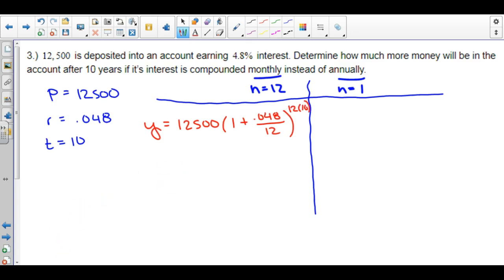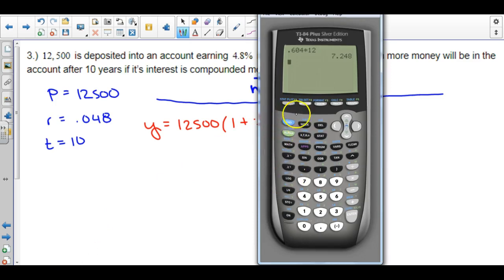And I'll demonstrate how to do this in the calculator. So what I would do is type in 12,500, and then I can open a parenthesis here and do 1 plus, and with a newer operating system, it's nice. This next part, we used to have to put in parentheses, the 0.048 over 12.